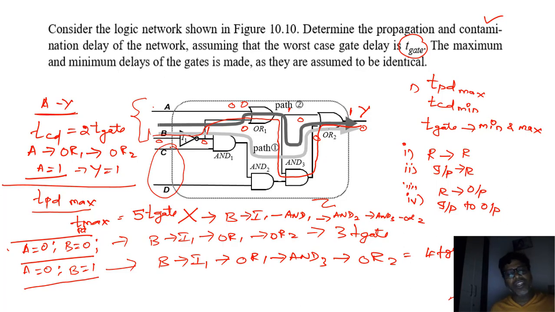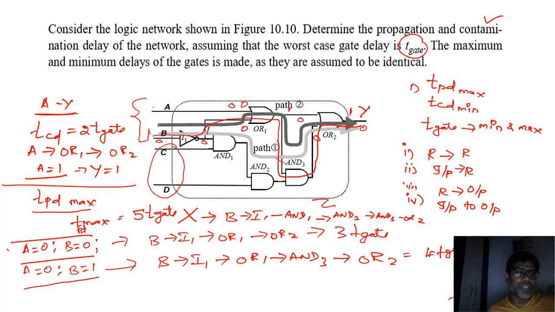Or what we say is, though there exists a physical path here, this will not get exercised, because when you compare this path and this path, this has four gates. So naturally, the path which has the shortest traveling distance or traveling time will get accessed.